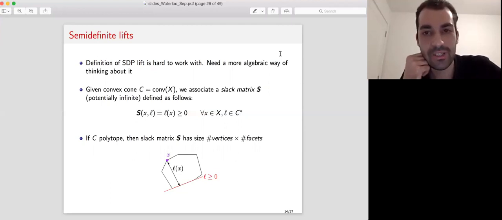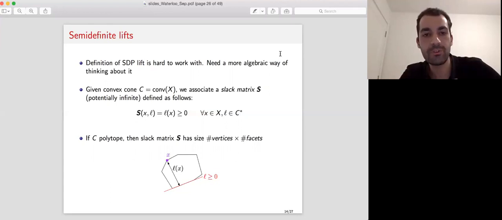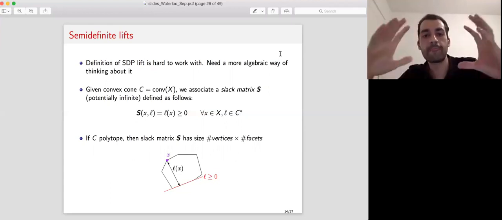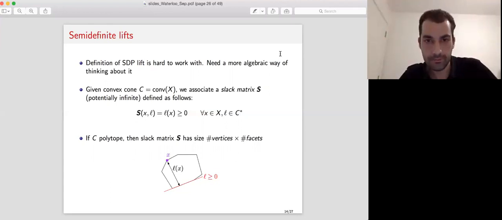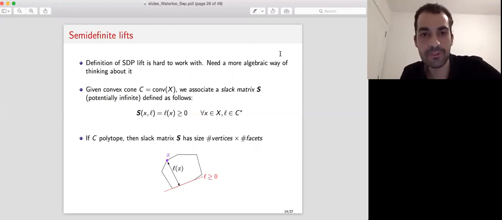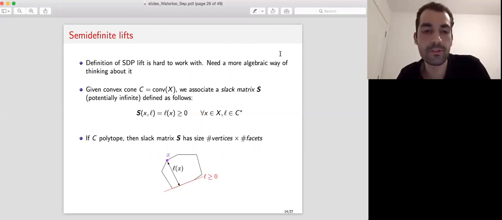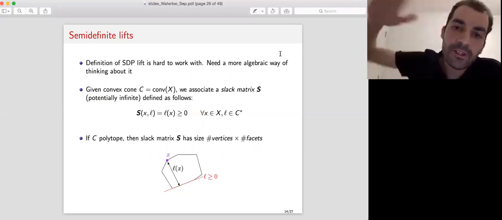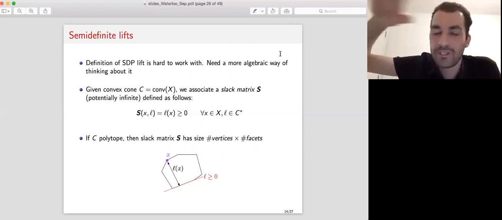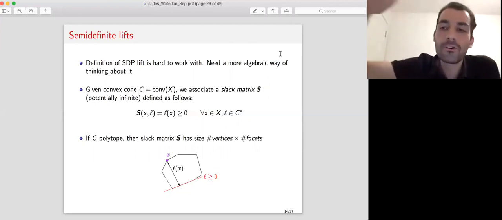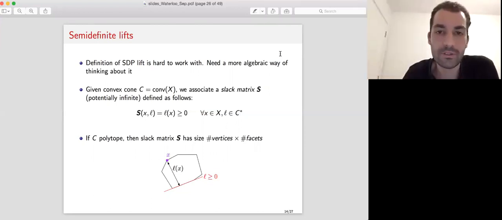It's a way to associate with our convex set C a big matrix, called the slack matrix, and it's defined as follows. One side of this matrix is indexed by all extreme points of my convex set, and the other side is indexed by the extreme points of the dual, or supporting hyperplanes of my convex set.